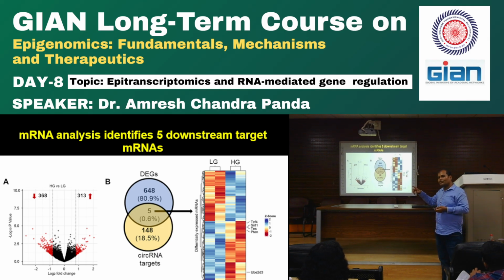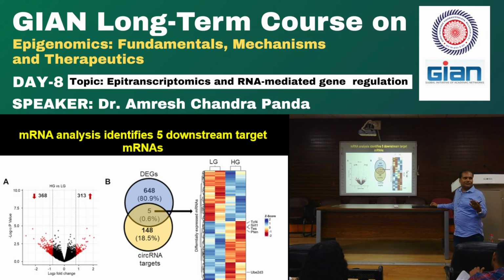And that will lead to upregulation in mRNA, right? Because microRNA is an inhibitor and circular RNA is inhibiting the inhibitor. So it is basically a promoter for the gene expression if it goes through microRNA. So that way we wanted to see what are the genes.